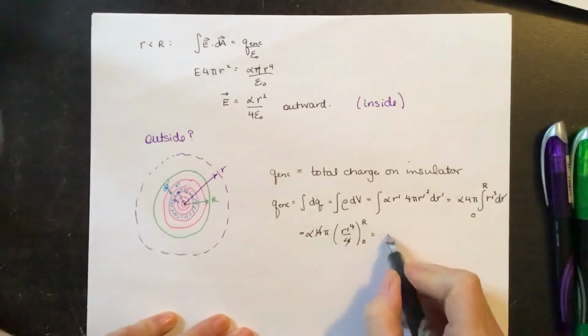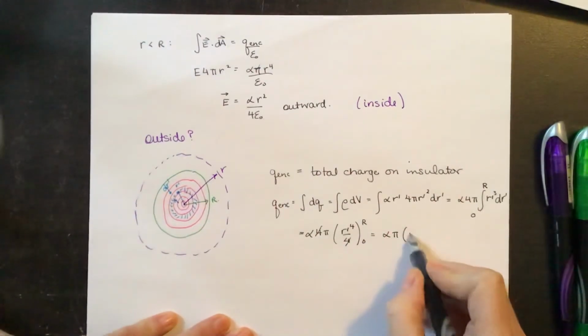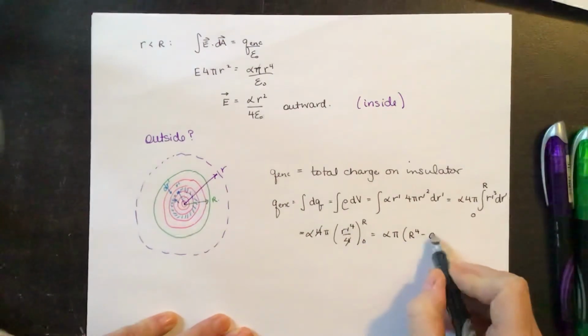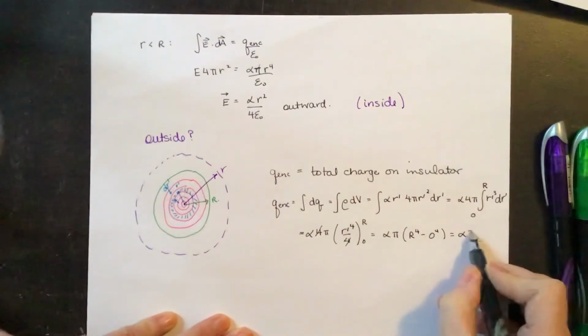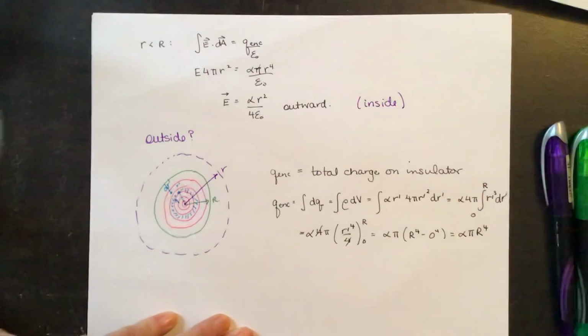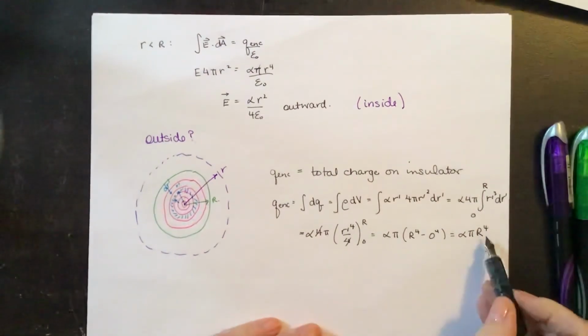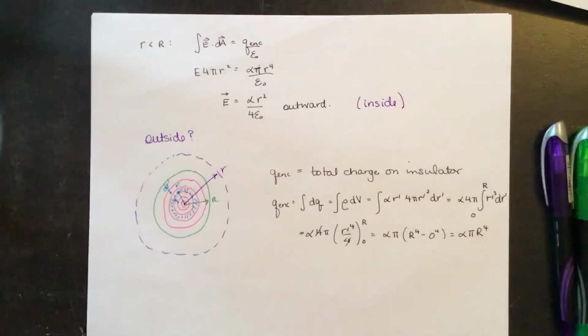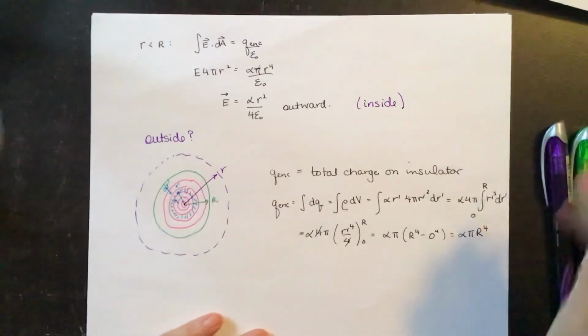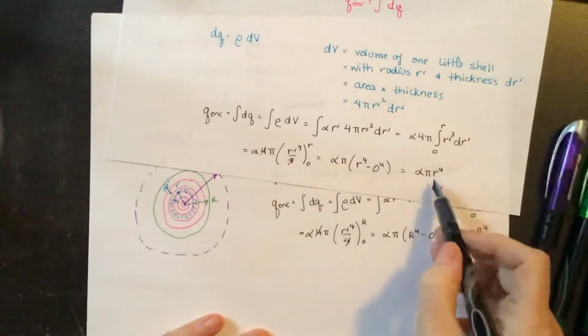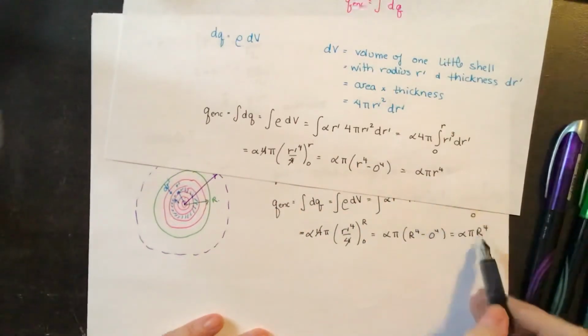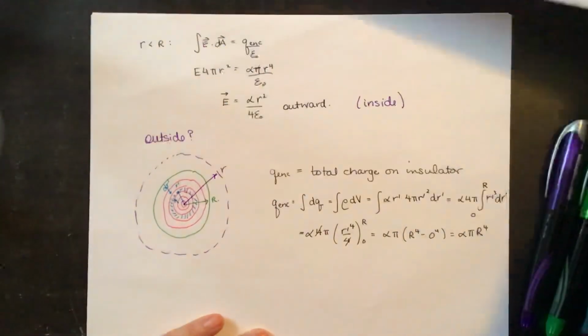Those 4's can just cancel for us. Alpha times pi times r to the 4, subtract 0 to the 4, equals alpha times pi times r to the 4. Okay, so this time our net charge is a constant, and it's the same form as we had before, except now our radius is all the way out to the surface of the sphere.